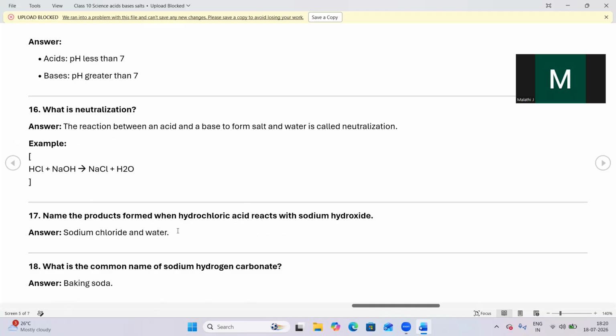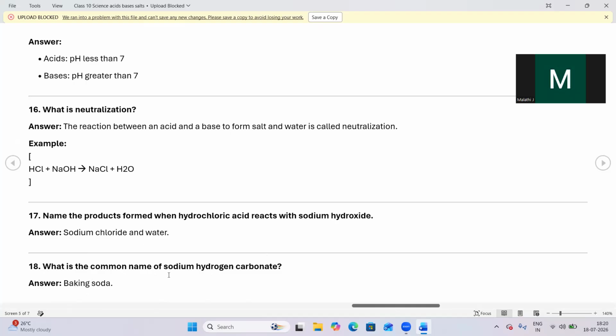Here we get sodium chloride and water. You should write the equation also: HCl reacts with NaOH to give sodium chloride, NaCl, plus H2O.